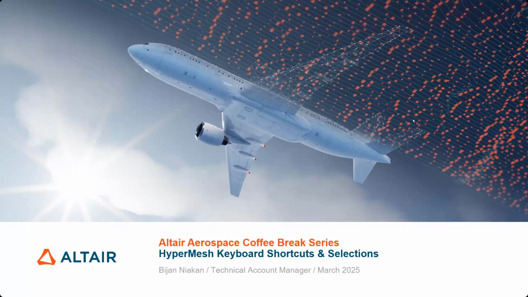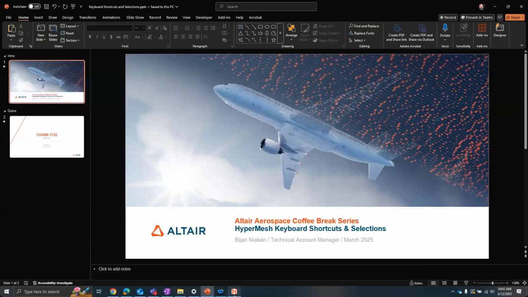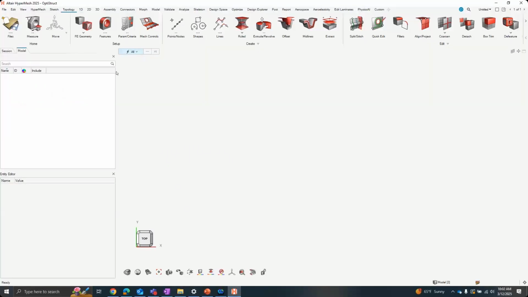All right, with that out of the way, I'll go ahead and open up HyperMesh. I'm going to be showing this in HyperMesh version 25, but everything I show here today is going to be consistent over the last few releases, so there shouldn't be any issues there. I'm going to load up just a wing model that I have.